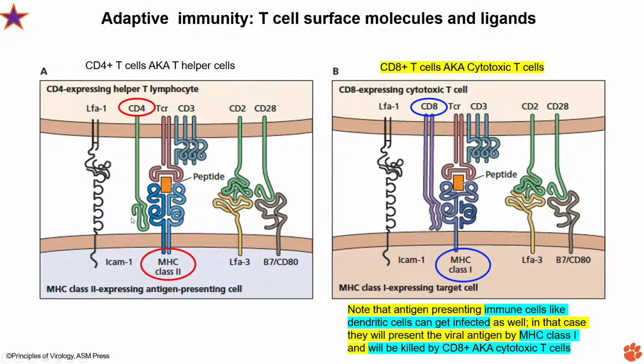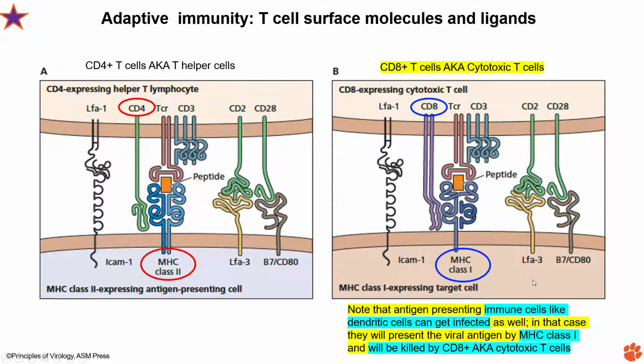This will activate. But when the antigen presenting cell is itself infected, meaning it is a target cell, it's going to show the viral peptide by MHC1. That will bring the CD8 expressing cytotoxic T cell, and this cell will kill it.